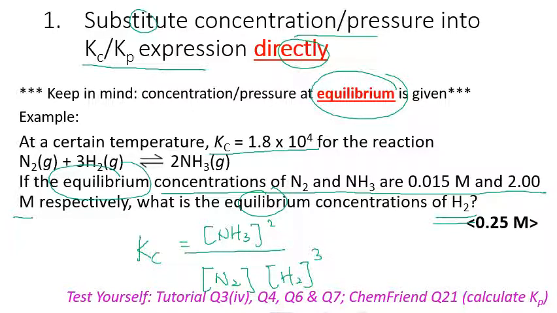So, Kc value given, concentration of NH3 given, concentration of nitrogen given. So you only have one unknown here, so you can solve this problem.